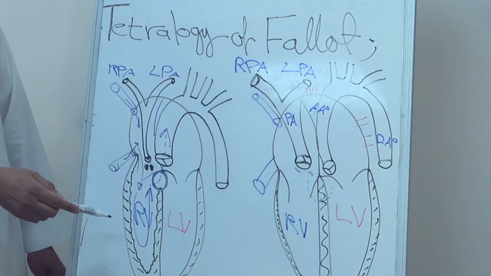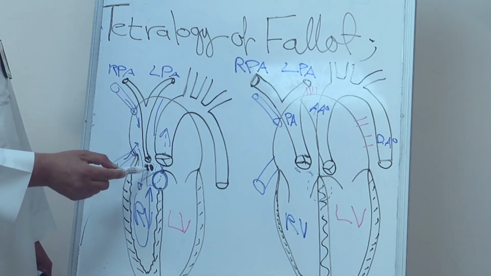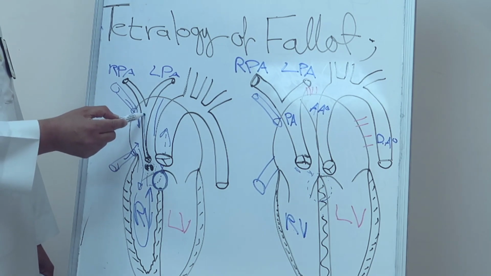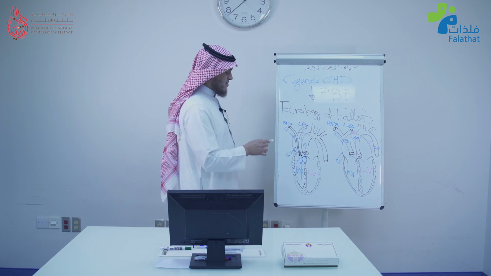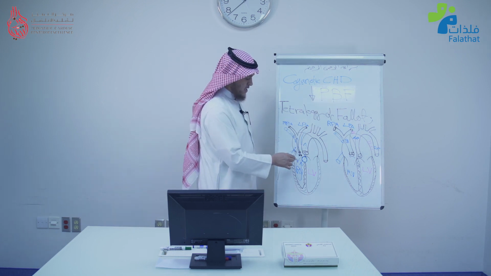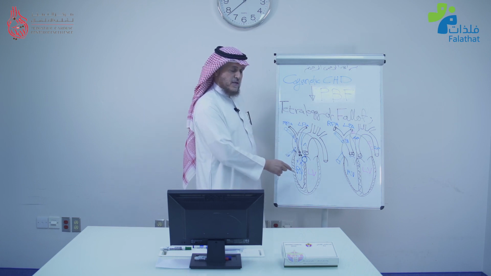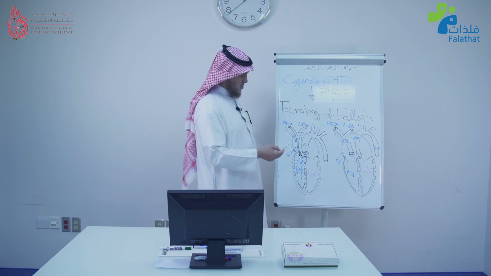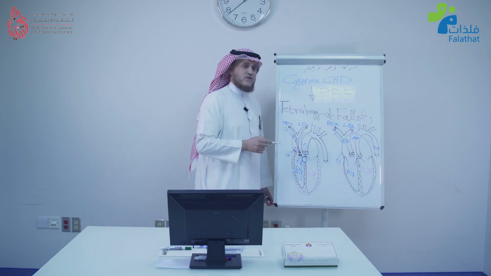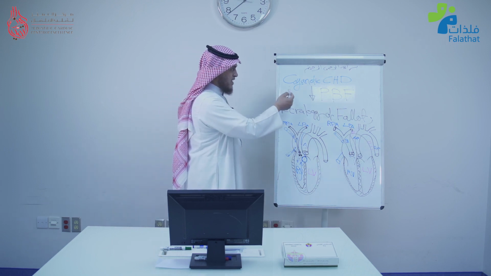This is the blue blood, remember? And obviously, for us to live, there has to be blood that goes through the pulmonary artery. So the first thing we notice here, there is an obligatory right to left shunt. The blood from the right side is going to the right ventricle and being shunted or deviated or sent through the VSD to the ascending aorta, and that's the obligatory right to left shunt, and that's the reason for being cyanotic.